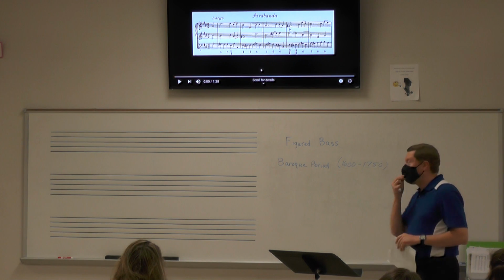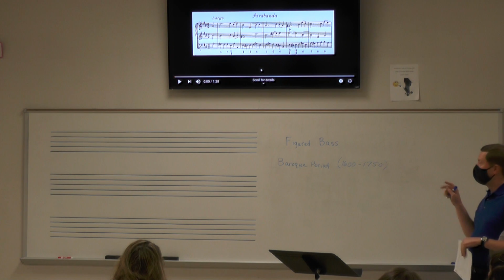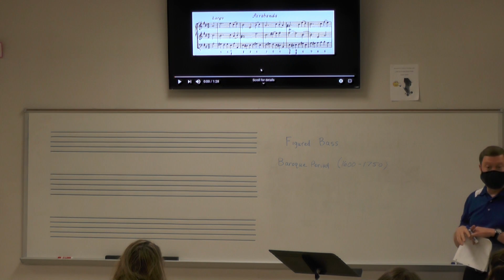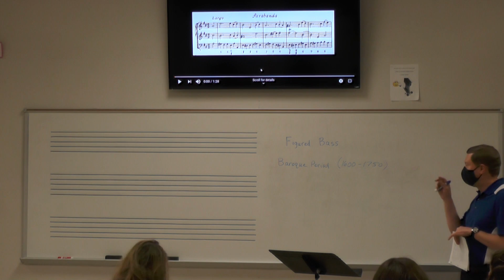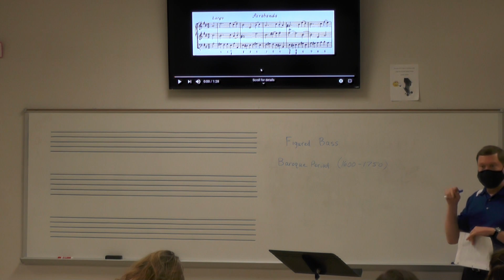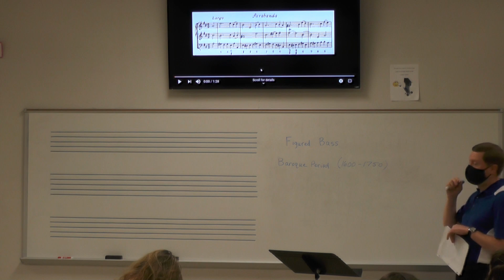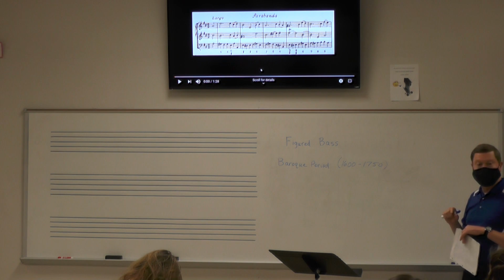Back in this time, I need to tell you that they didn't have the theory of chord roots and thirds and fifths yet, like we do. You know how we label the members of a chord like the root, the third, the fifth, and the seventh. They didn't really have all that stuff yet, and so those numbers there strictly refer to intervals above the lowest sounding note, the bass.